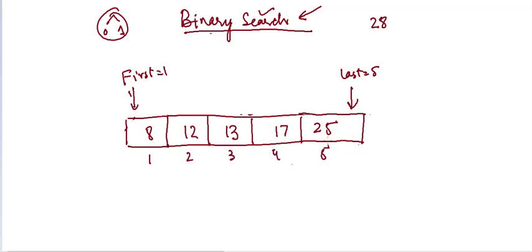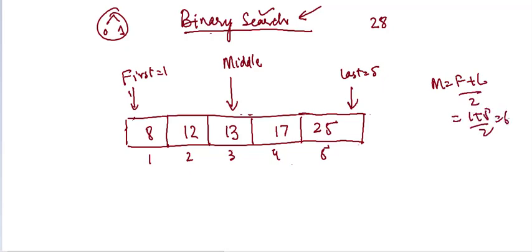The first element that we are going to look for is going to be in the middle, so middle is going to be calculated. Middle is going to be equal to first plus last divided by 2, which is 1 plus 5 divided by 2, which is equal to 6 divided by 2. So middle should be equal to 3.